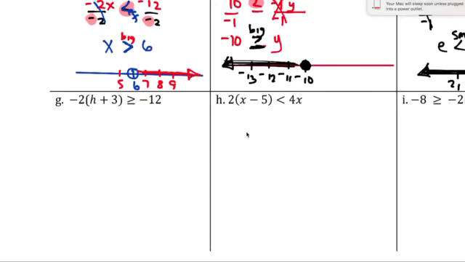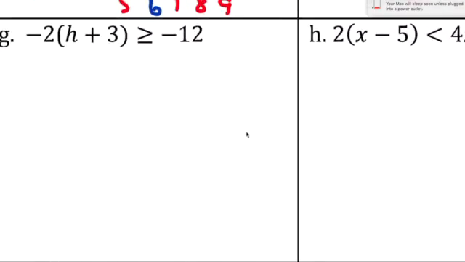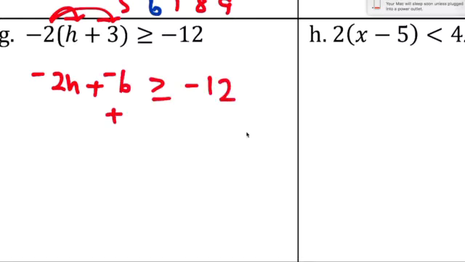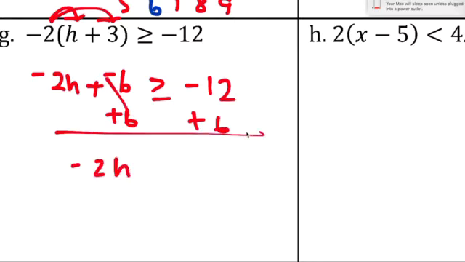Okay, so here, same thing, you just distribute here, get negative 2h plus negative 6 greater than or equal to negative 12, add 6, you get negative 2h greater than or equal to negative 6. Then you divide by negative 2. Because you divide by a negative, this switches to less than or equal to.